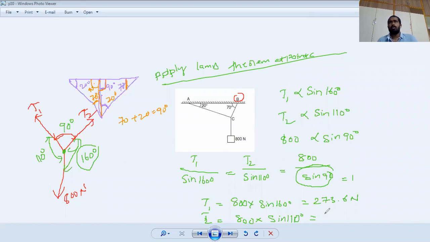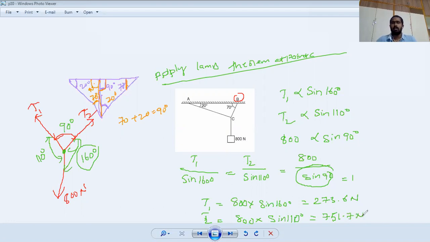Kindly please keep your calculators with you. Please tell me the value of T2. 800 into sine 110, sir. 751.7 newtons, sir.